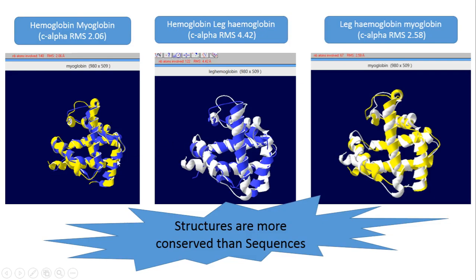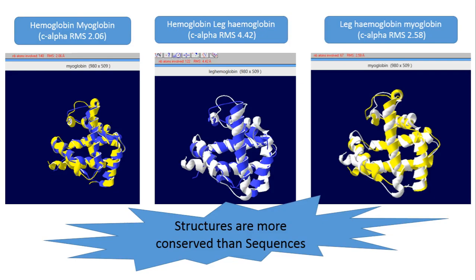Since they are globin genes, all three proteins have to do something with oxygen physiology, and hence the function remains conserved. And in order to maintain the function, it is necessary that these proteins maintain the structure in the very first place.